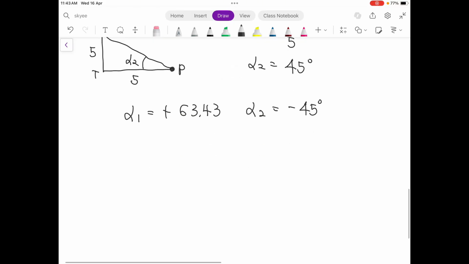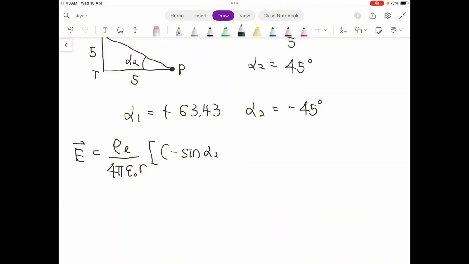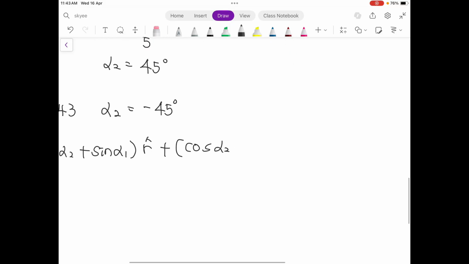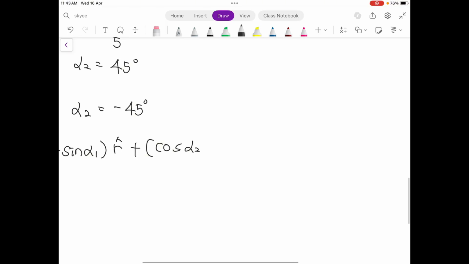Now we go back to the equations. This is the general equation that we have to use when calculating the electric field due to line charge. We have negative sine alpha 2 plus sine alpha 1, times the unit vector R, and then plus the cos alpha 2 minus the cos alpha 1.